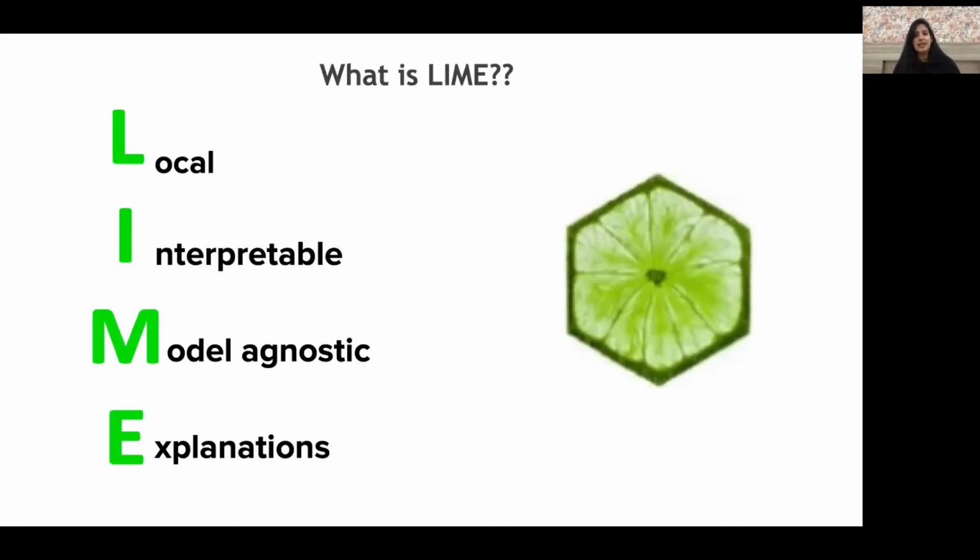So we have heard enough about LIME. Let's understand what LIME stands for. LIME stands for Local Interpretable Model-agnostic Explanations. What this means is that the explanations LIME gives you are agnostic of the model that you are fitting, be it a text-based model, a regression model, or even an image classification.